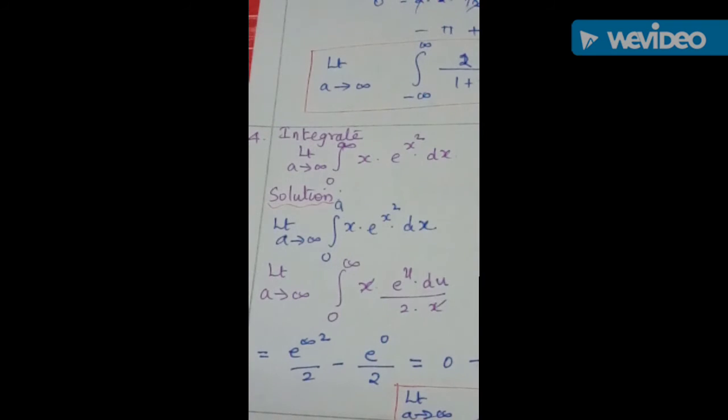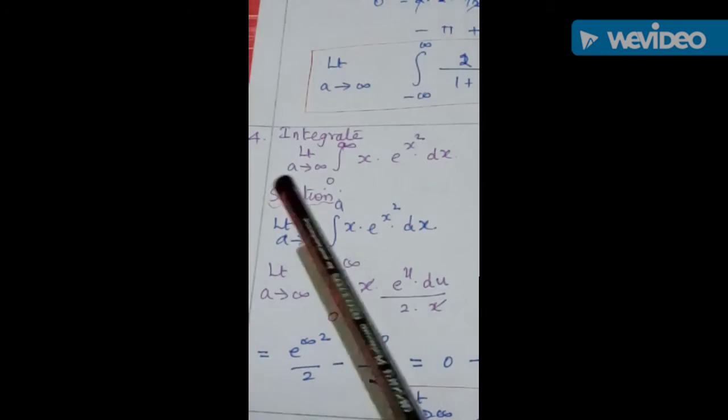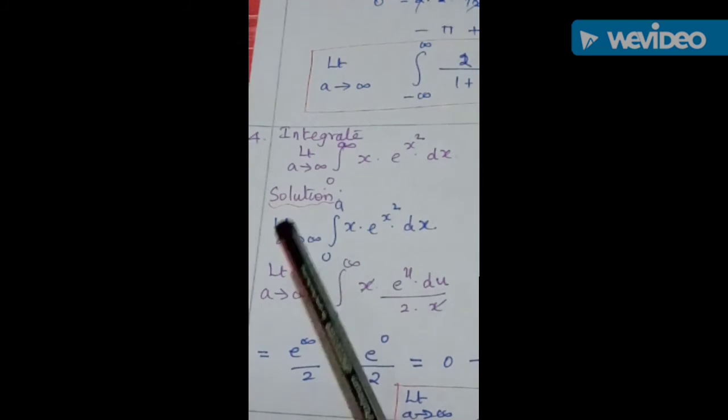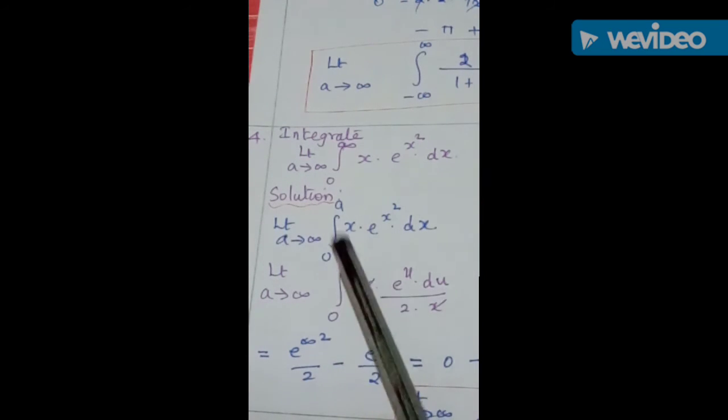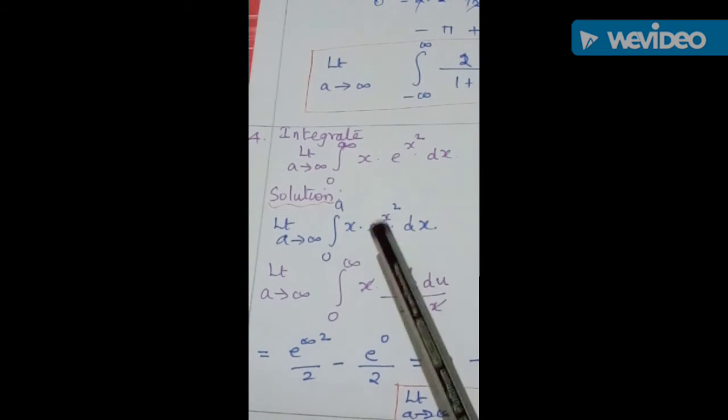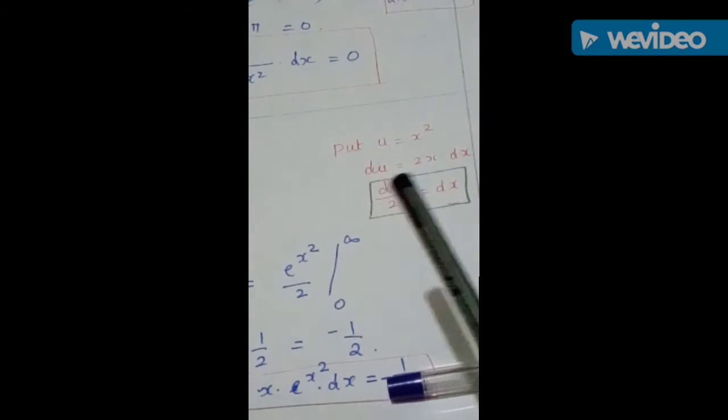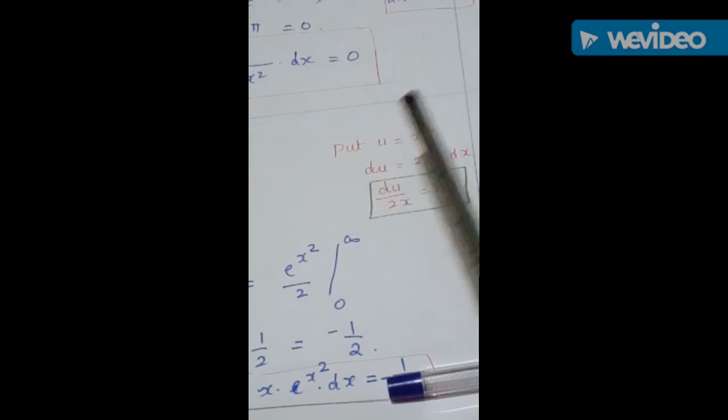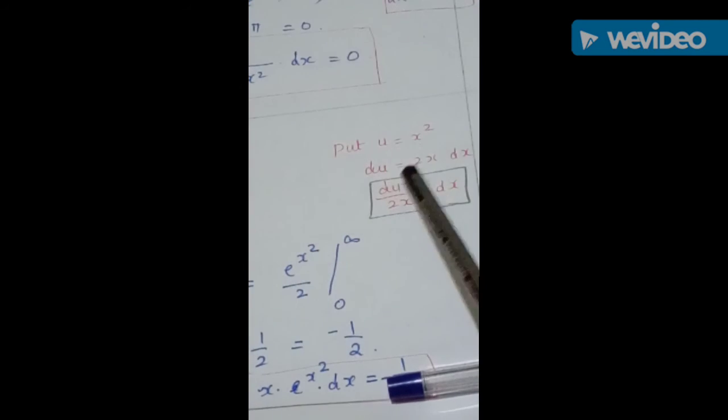The fourth question: integrate limit a tends to infinity, integral of 0 to infinity, x into e power x squared dx. How to solve this? Solution: limit a tends to infinity, integral of 0 to a, x into e power x squared dx. As in the previous problem, put u equal to x squared, therefore du equals 2x dx, so dx equals du by 2x.